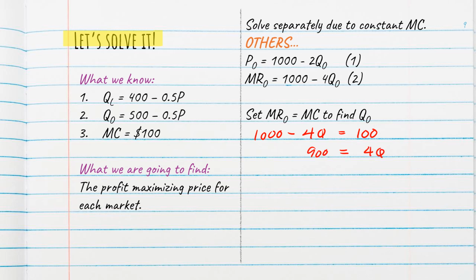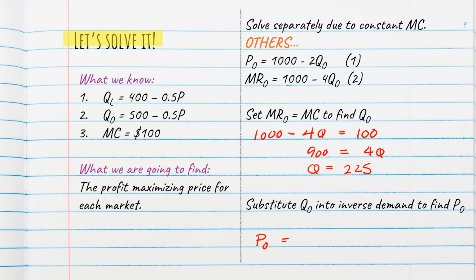I divide both sides by 4, and I get that q is equal to 225. Once we have that q, we substitute it back into the inverse demand to set the price. We're just acting like a monopolist. So the price that the firm should charge to others is equal to 1000 minus 2 times 225, which is 550.